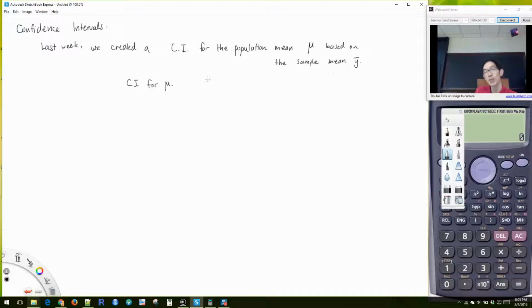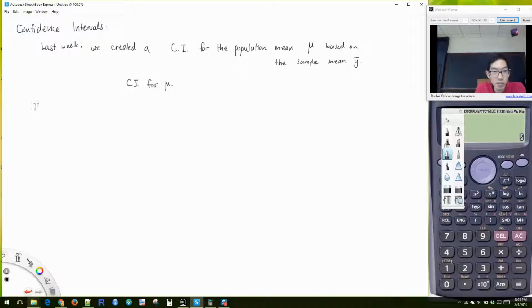We're not going to cover how to do this, but we could make a confidence interval for sigma, right? And that would be based on what? The sample standard deviation S, right? But that comes with a different set of rules, so we're not gonna do that.